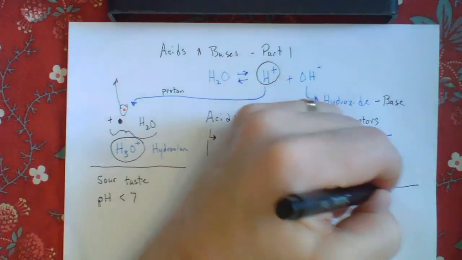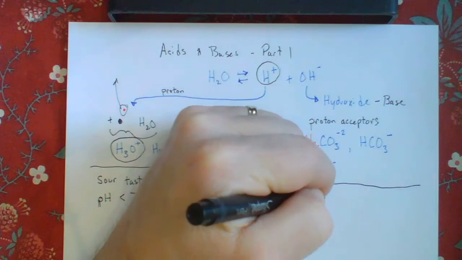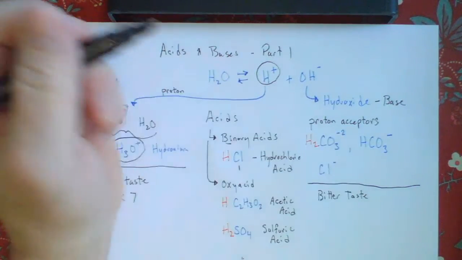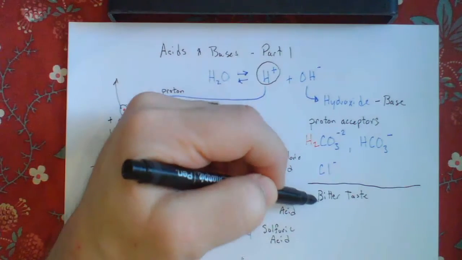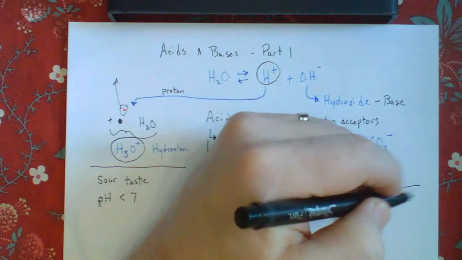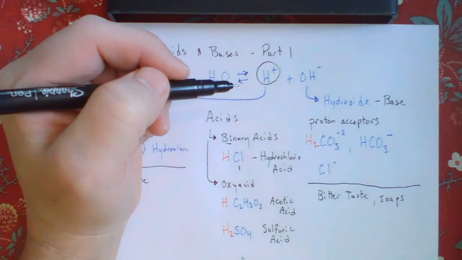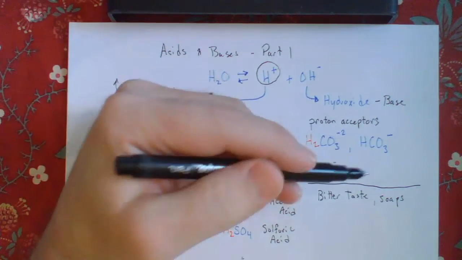When we look at our bases, though, base properties are more bitter to taste. And we don't eat a lot of these. The bitterness is what actually keeps us away from things. A lot of this is something like soaps, detergents, those are things that are going to be much more in that basic range.